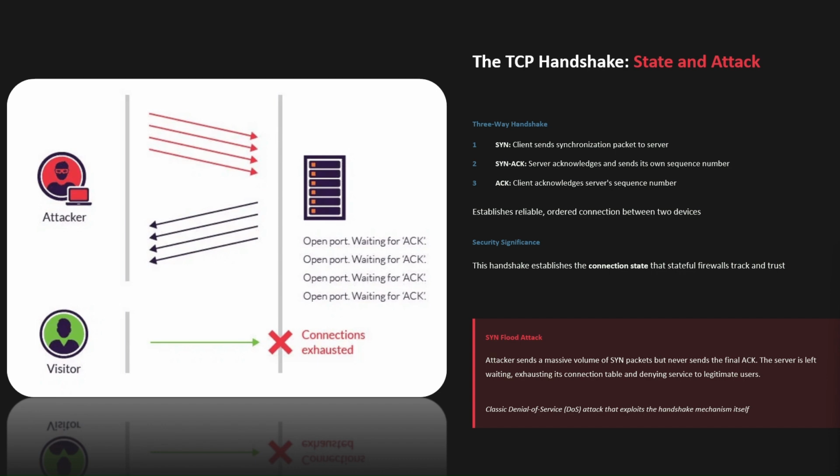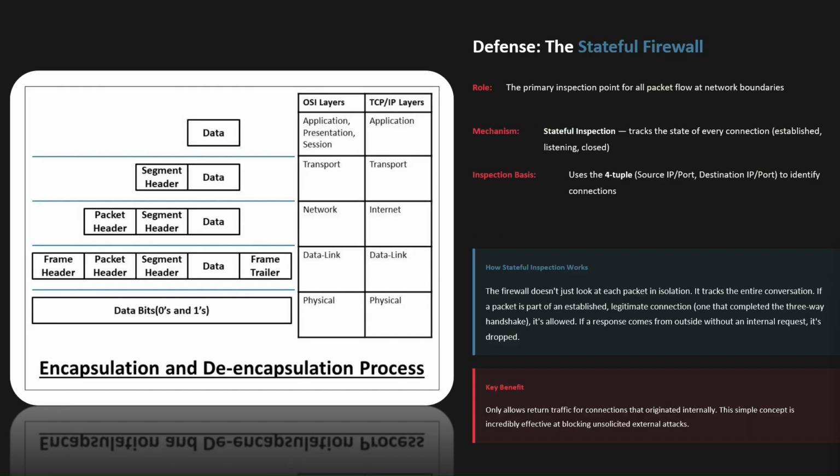The cornerstone of network defense is the stateful firewall. It sits at the boundary of your network and inspects every packet based on the four tuple, as we discussed. Critically, it performs stateful inspection. It doesn't just look at the packet in isolation. It tracks the entire conversation.